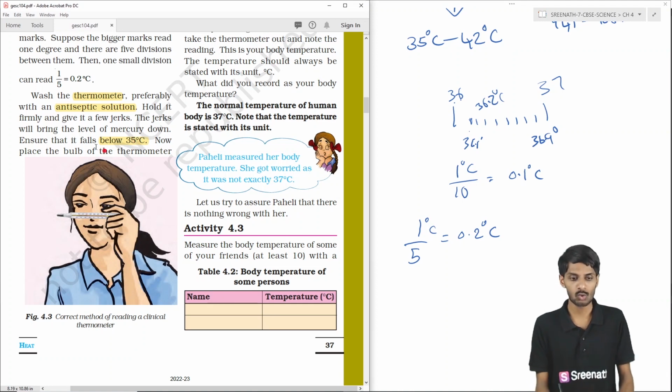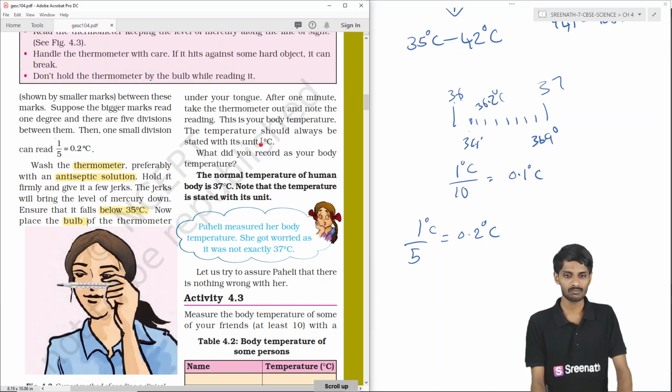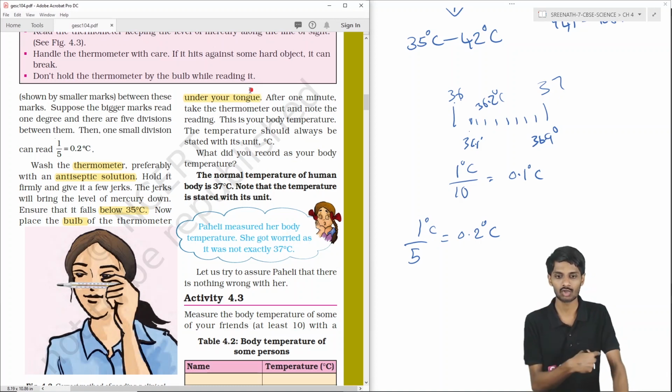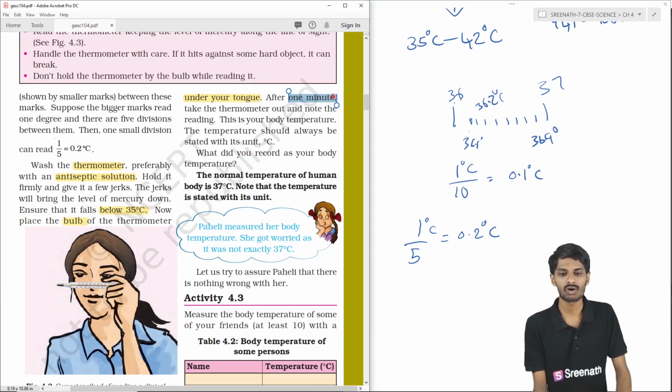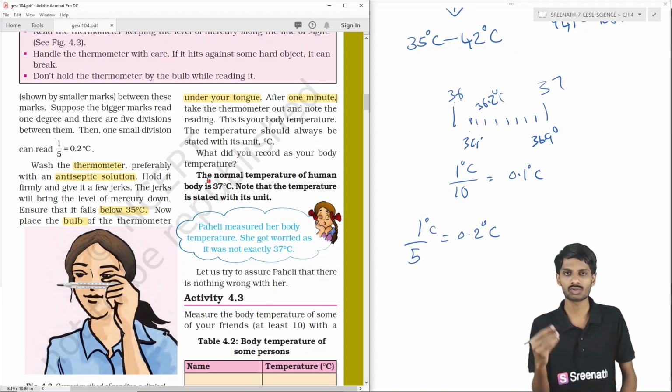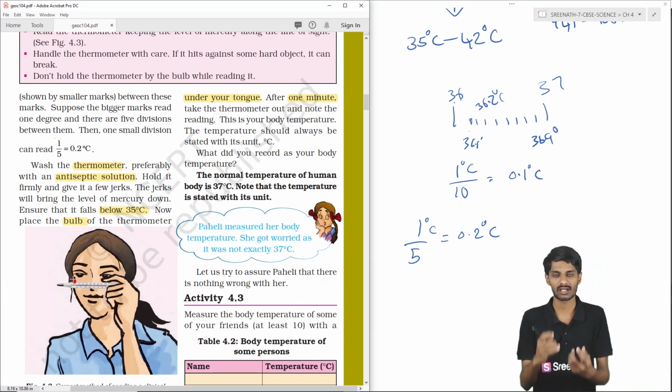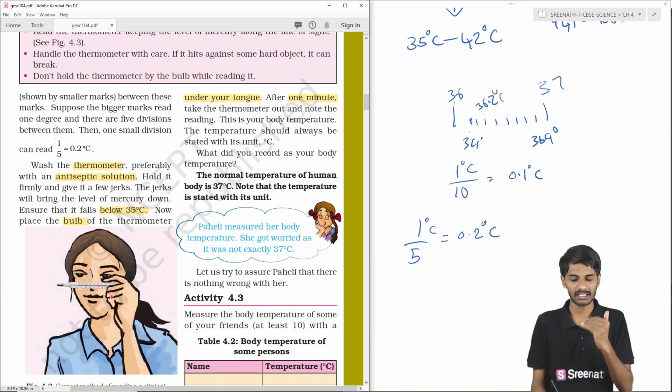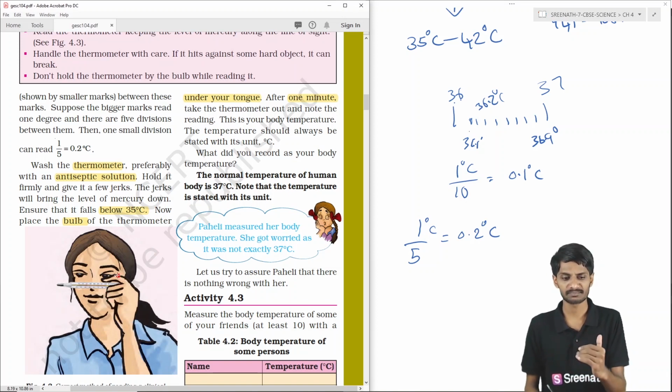What you have to do is place the bulb. This is very important. This is the bulb, students. Place that bulb under your tongue or under your arm and wait for 1 minute. After waiting for 1 minute, take out the thermometer and observe the mercury level, how much it has moved.